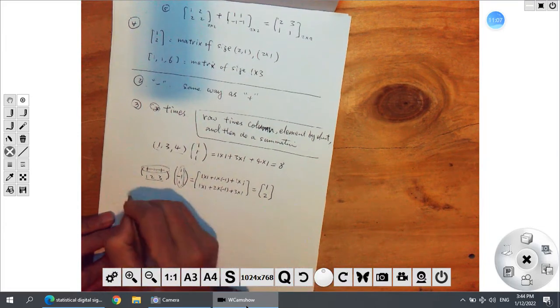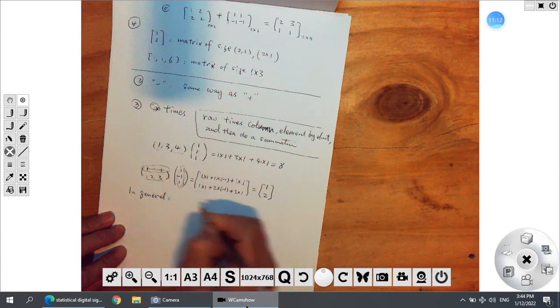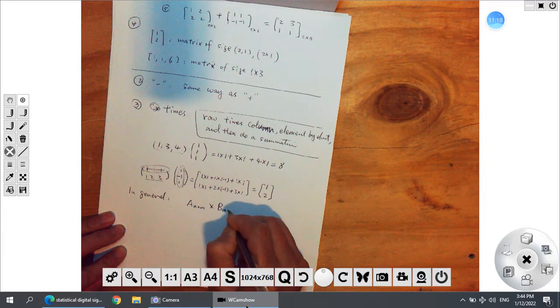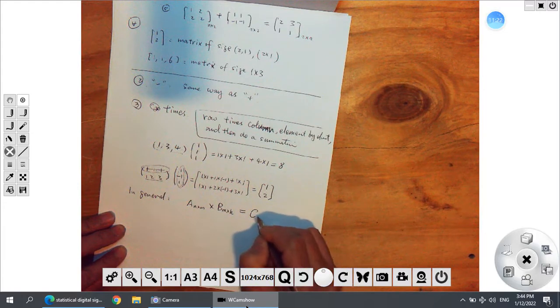In general, A with size n times m, multiplied by B with size m times k, equals a matrix C with size n times k.